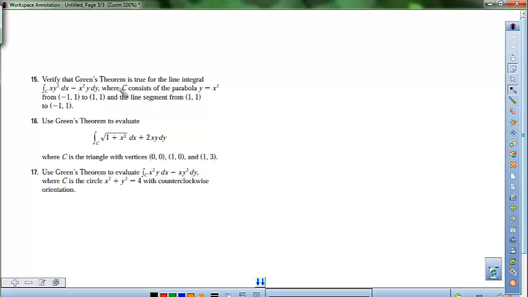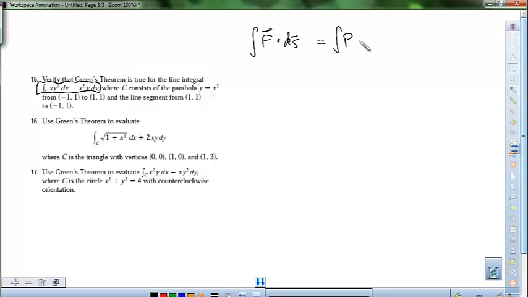A lot of Green's theorem problems, they write your line integral, instead of writing your line integral like this, they write it like this.